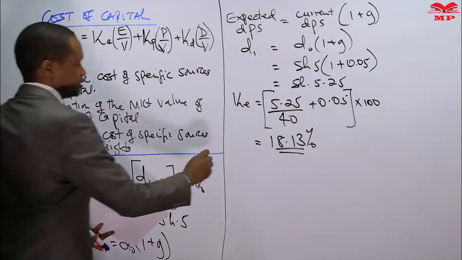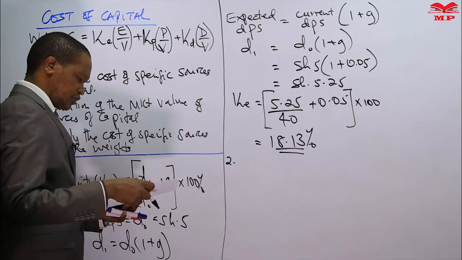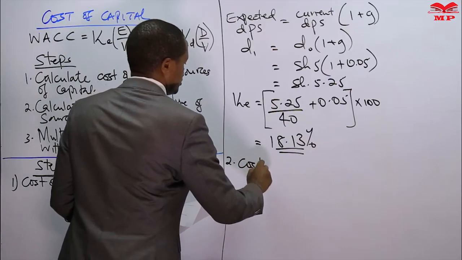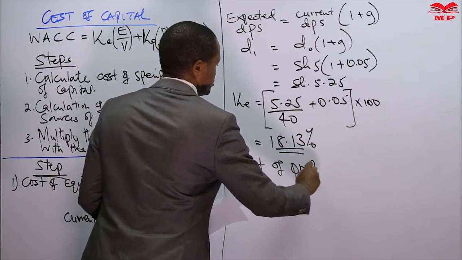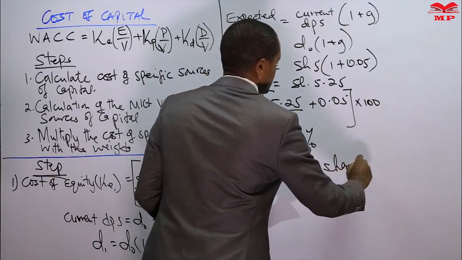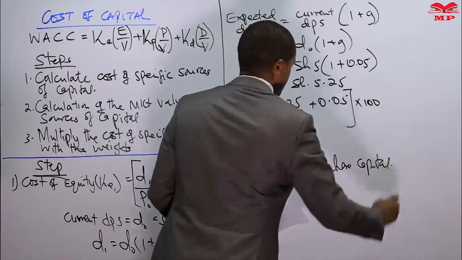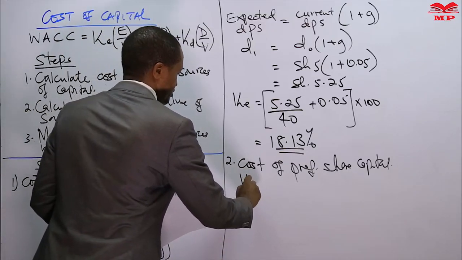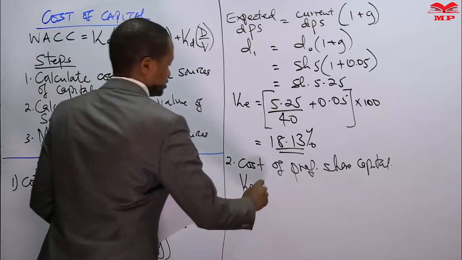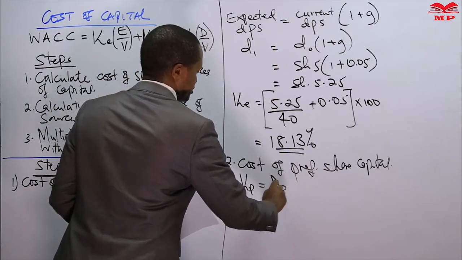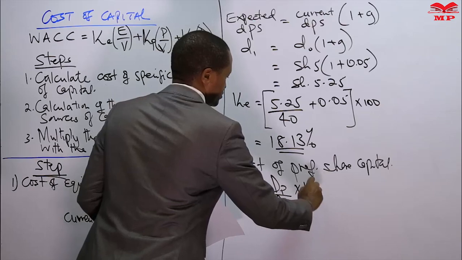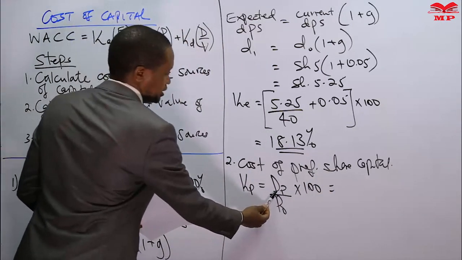The second category is the cost of preference share capital, and this is abbreviated as KP, and KP is equal to DP over PO times 100, where DP is the dividend per share.